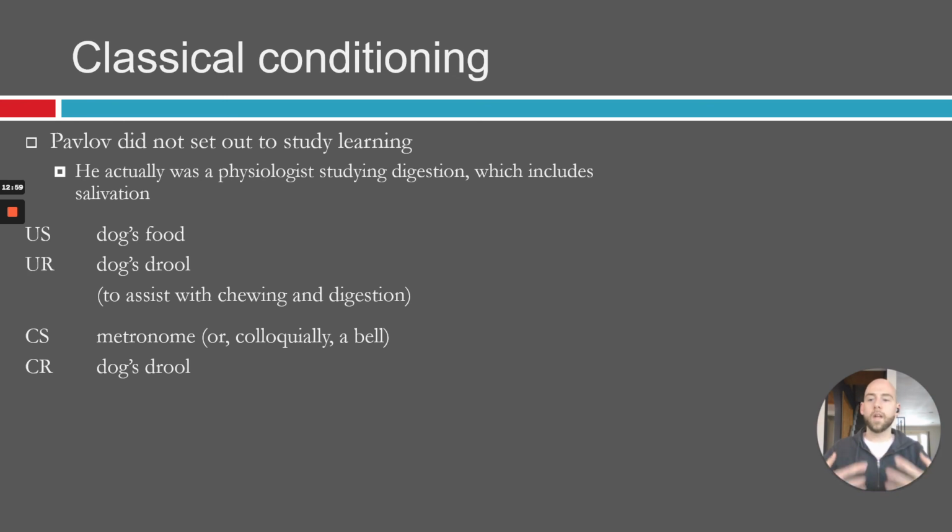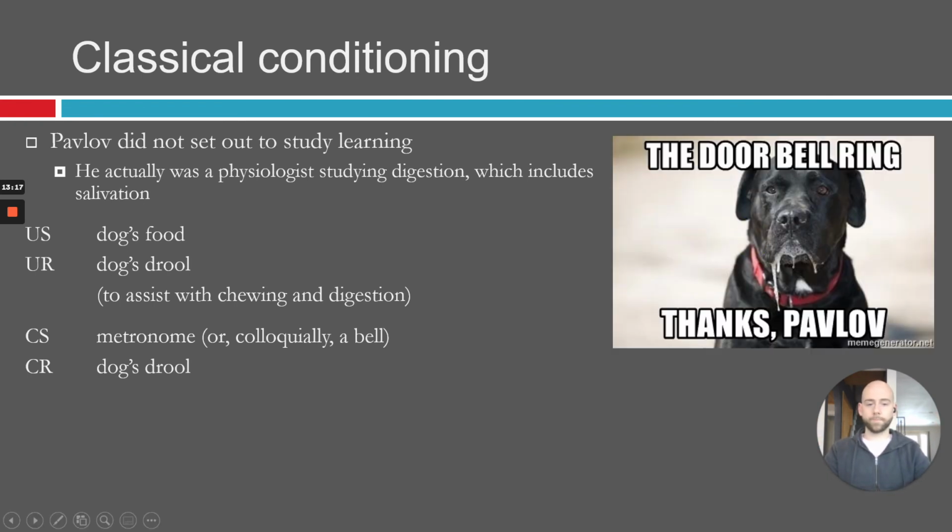So eventually, Pavlov could start the metronome, so the dog would hear the metronome and start to salivate before seeing the food, because that conditioned response of the drool or the saliva is paired now with the metronome.